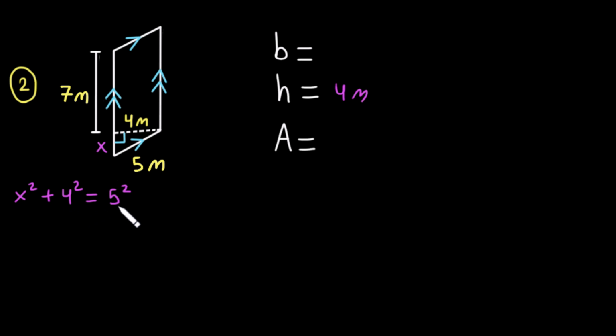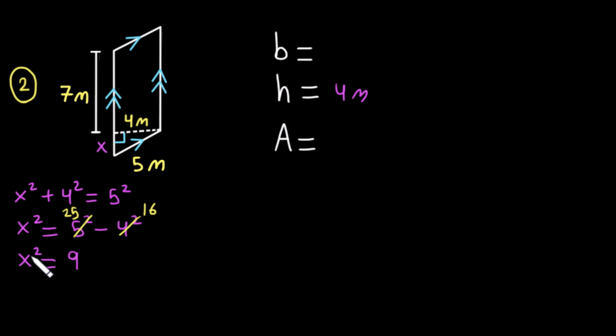Now let's simplify. We take this one to the other side, so x square equals 5 square minus 4 square. 5 square is 25, 4 square is 16. So x square equals 25 minus 16, which is 9.